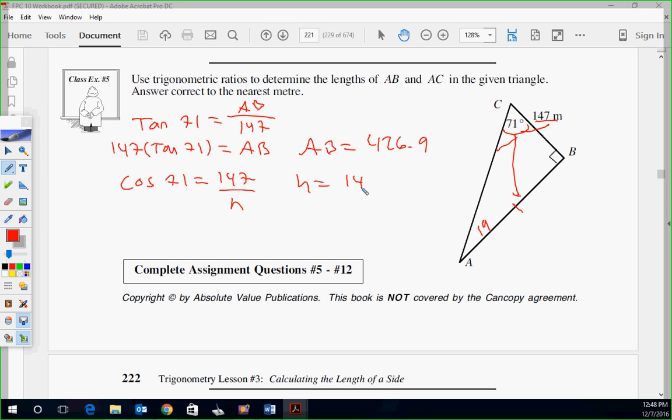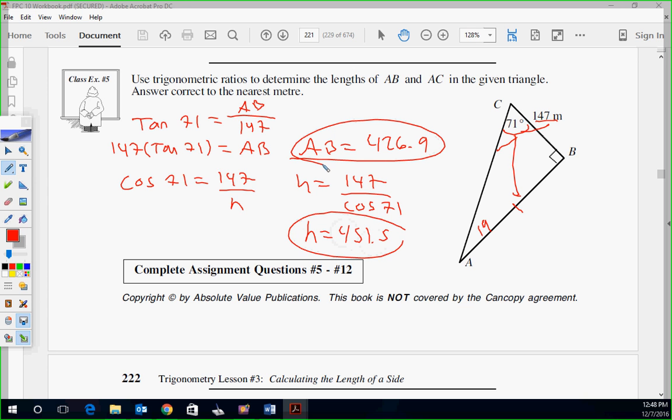H equals 147 over cos 71. Okay, somebody calculate that for me. 451. Okay, we're good. That's all for lesson 3.